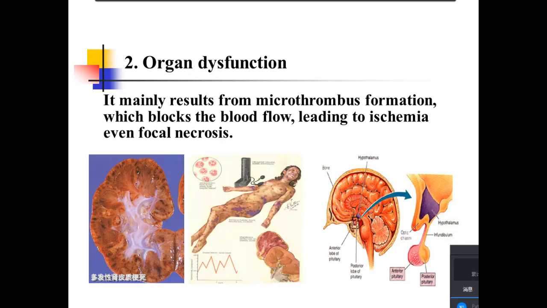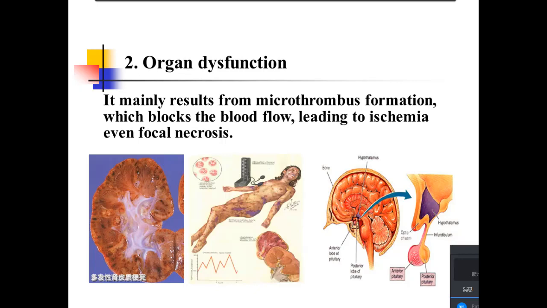If it blocks the kidney, kidney blood flow decreases, leading to GFR decrease and urine decrease, and renal failure happens. If it blocks the pulmonary vessel, the patient gets pulmonary failure, refractory respiratory failure.